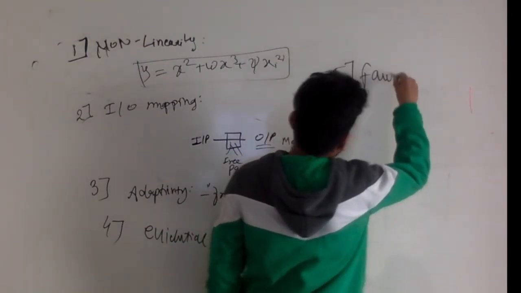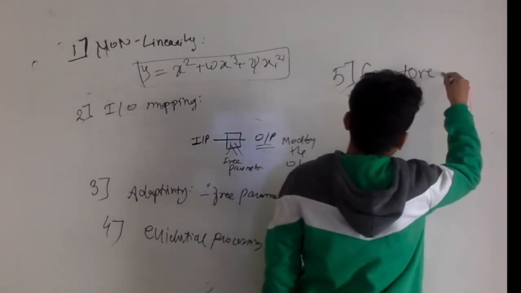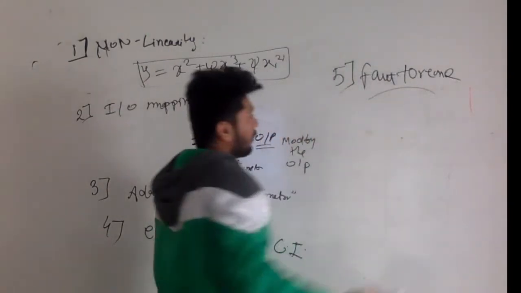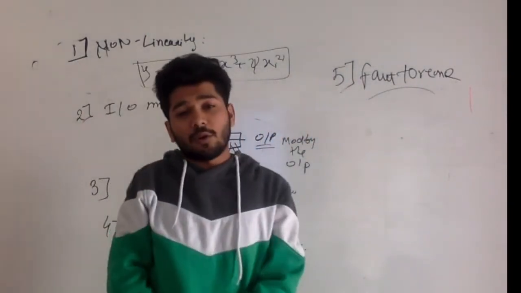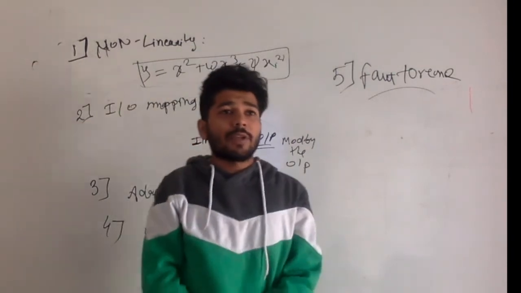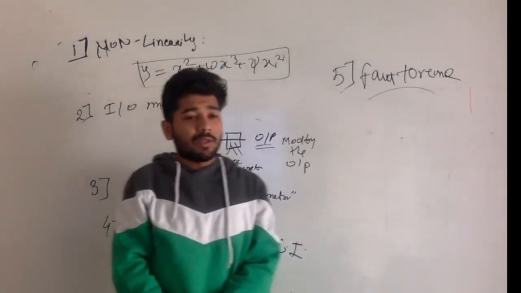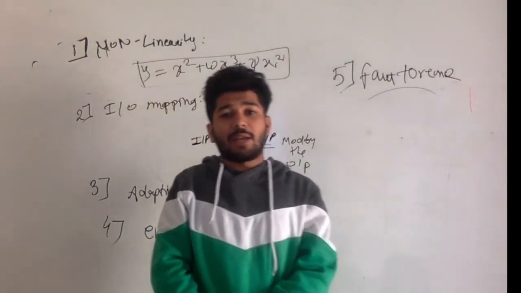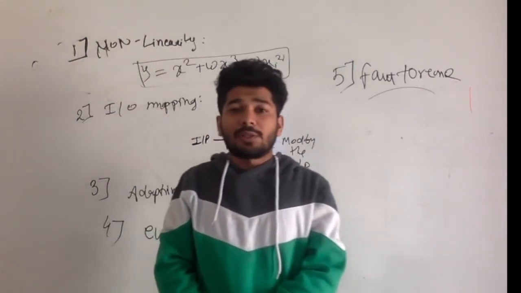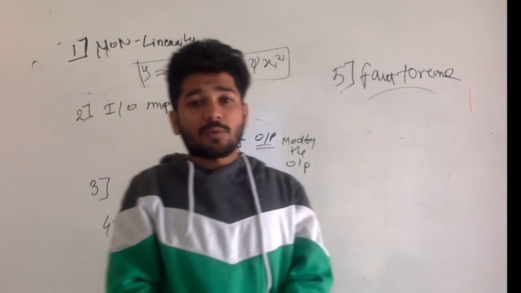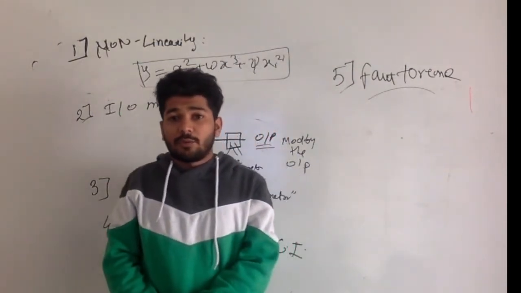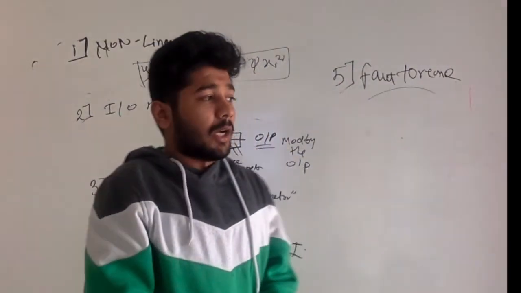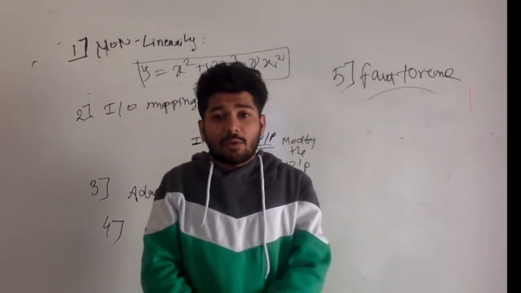I will write the fifth property here, which is also very important, and which is fault tolerance. What do I mean by fault tolerance? For example, as I just talked about, the neural network is a highly parallel and highly complex network. What if some of the neural cells or some of the neurons stop working? If it happens to a human, it would not be catastrophic damage.